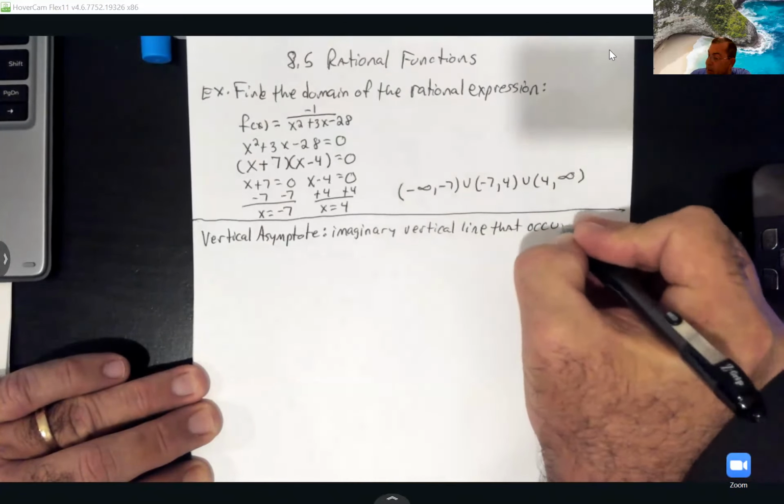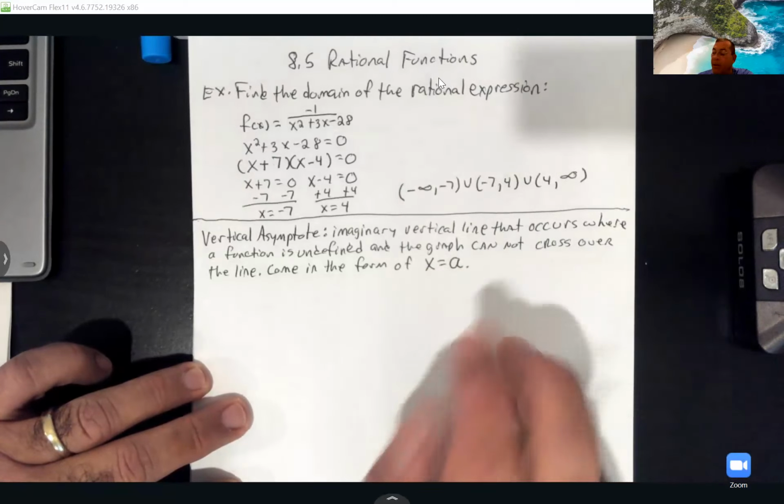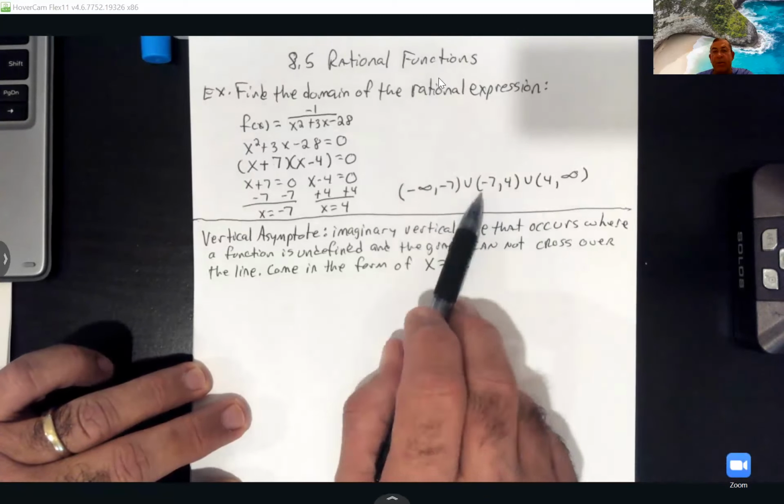So they come in the form of x equals that number. So say I had a function like the one in the example here, and -7 and 4 were the places where it made it undefined. My vertical asymptotes would be x equals -7, comma, x equals 4. So they're going to match those numbers, okay?